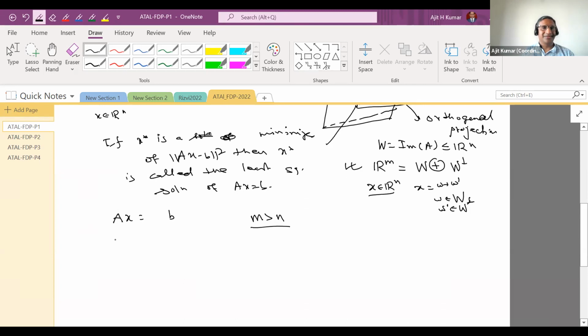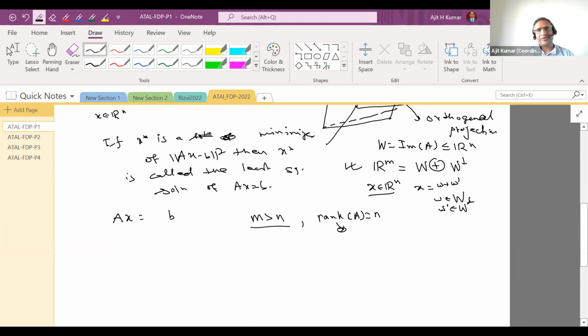Also assume that the rank of A is N, maximum. So A is a maximal rank matrix, because the rank is less than or equal to the minimum of M and N, and if it is equal to N, it is maximum. It cannot have more than this.